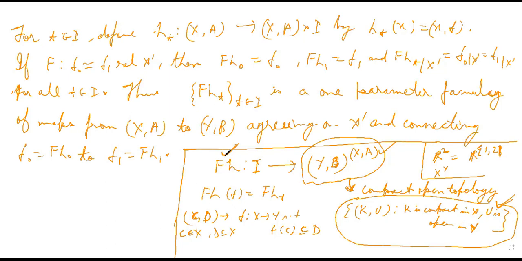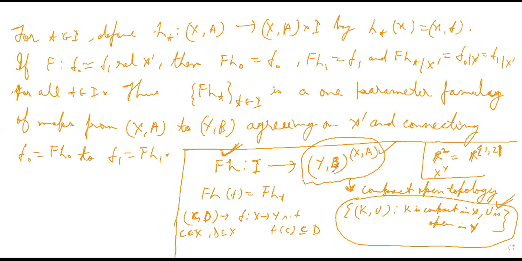So this function F h from I to this space of maps from XA to YB with this property is going to be continuous if you take the compact open topology.